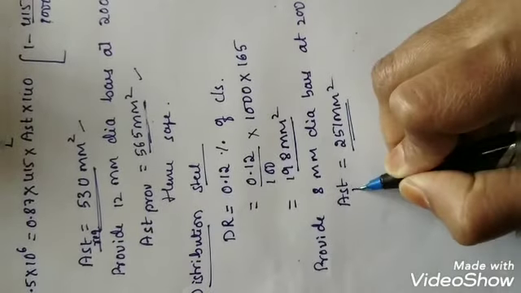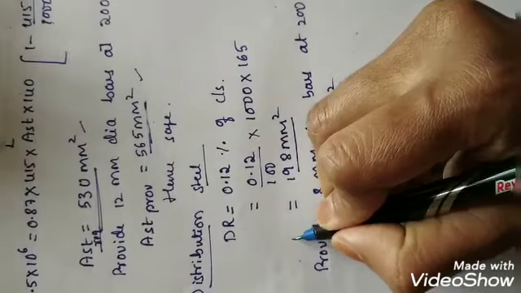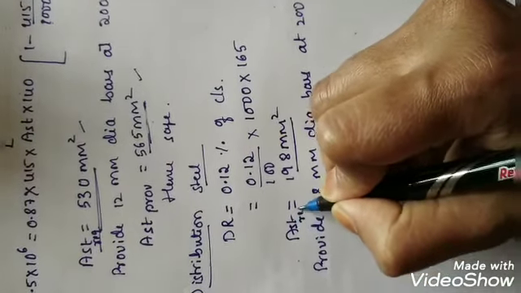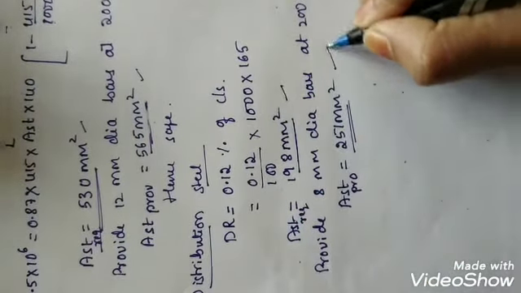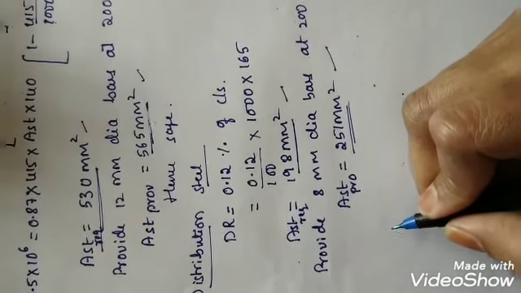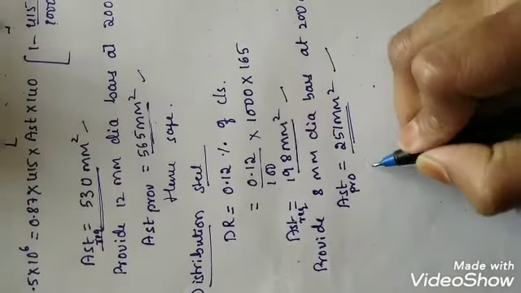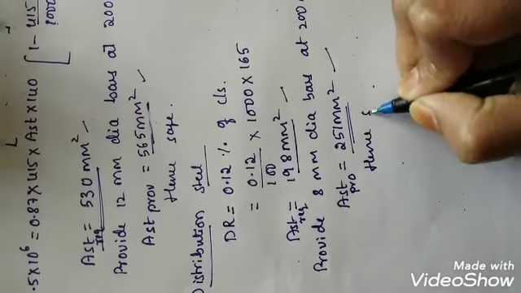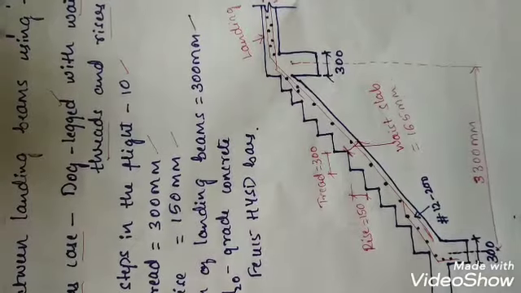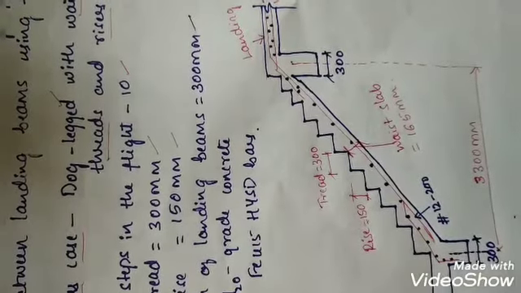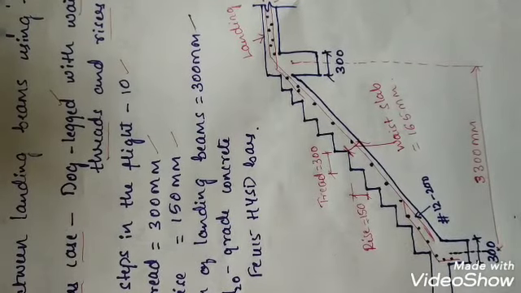So this is a provided value, and this one is a required value. Compared to required, the provided value is more. So hence our design is safe. Our design is over now. So I need to represent that reinforcement in the diagram here.